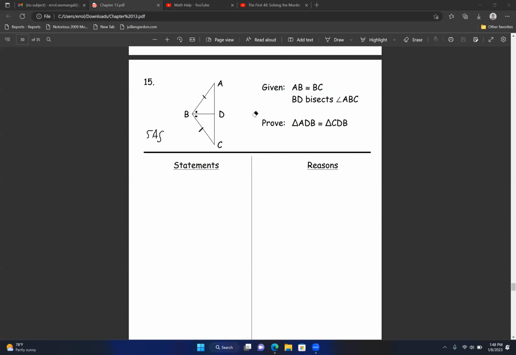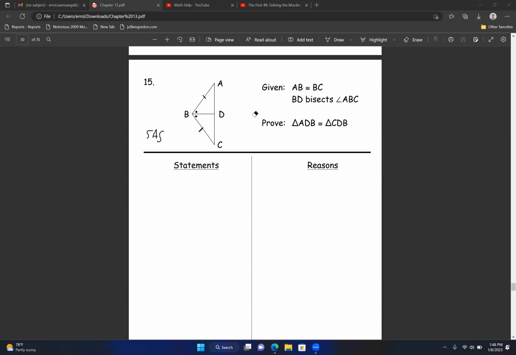Angle CBD. Yep, exactly. Angle ABD equals angle CBD. What's the reason? Bisector definition. That's number two. And what's number three?